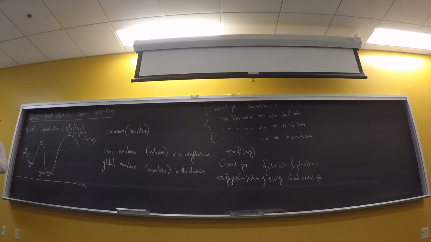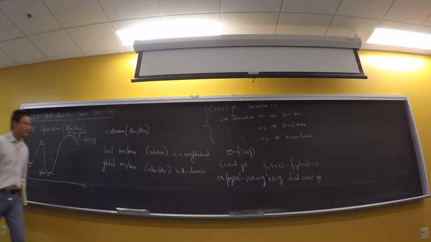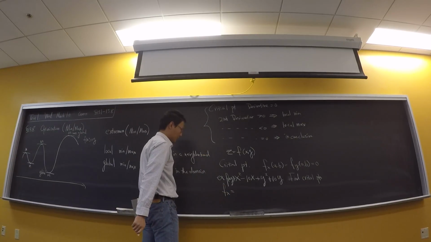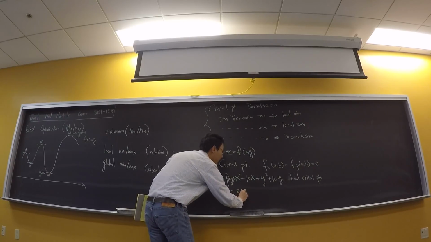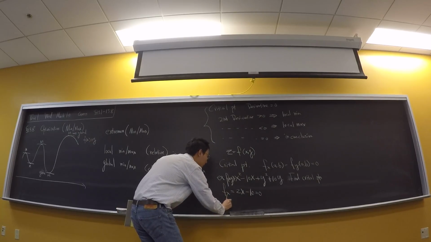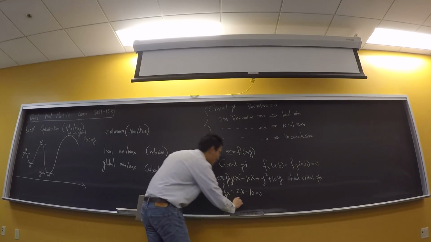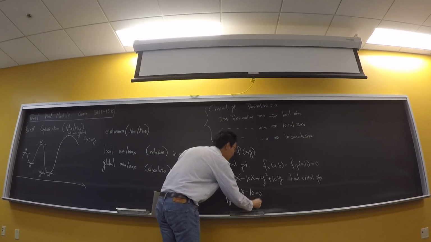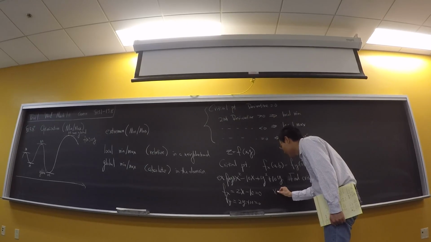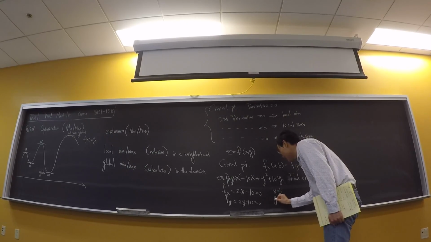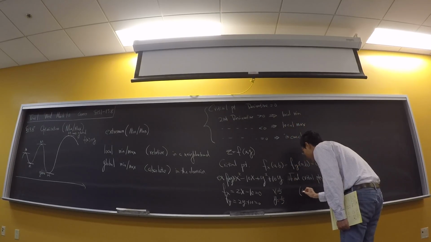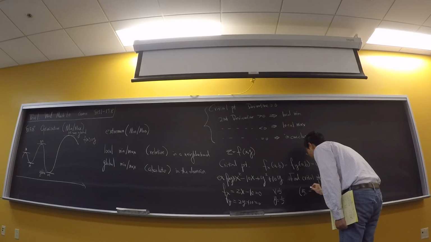So what do we do? fx is equal to 2x minus 10 is equal to 0, and fy is equal to 2y plus 10 is equal to 0. These two are extremely easy linear equations to solve. So I have x is equal to 5 and y is equal to minus 5. So the only critical point here is going to be (5, -5).